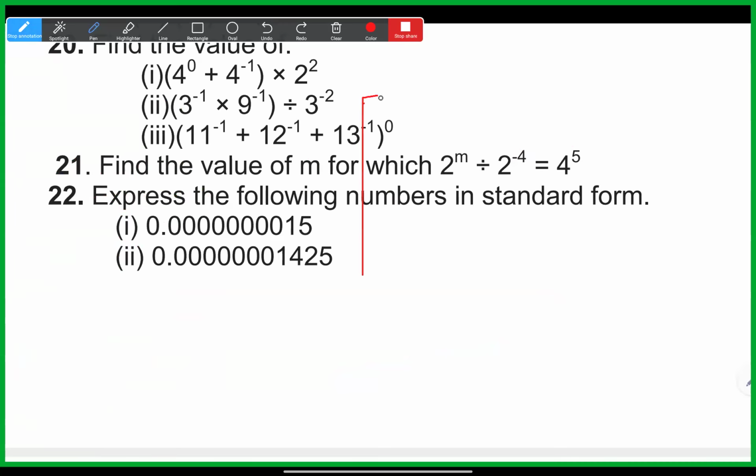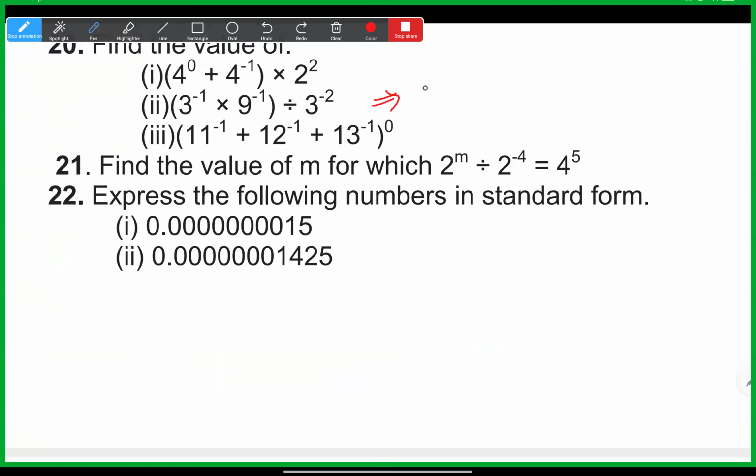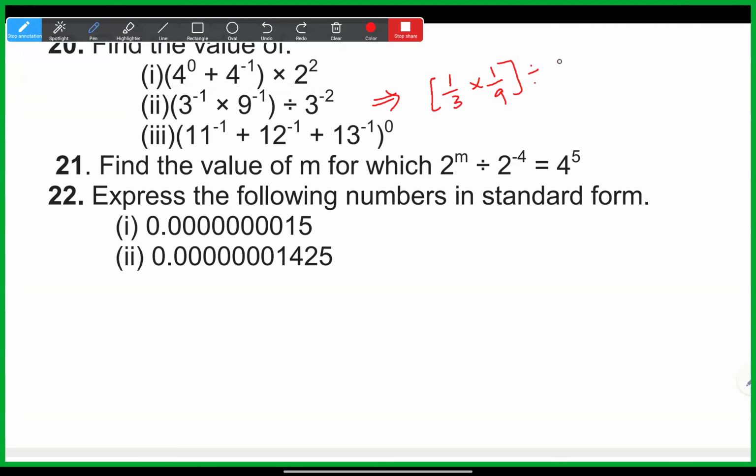So here also, can you tell the negative powers, what do I have to write now? Sir, 1 by 3 into 1 by 9, divided with 3 power minus 2, which will become 1 by 3 power 2, because all of them we have written based on a power minus n is equal to 1 by a power n.